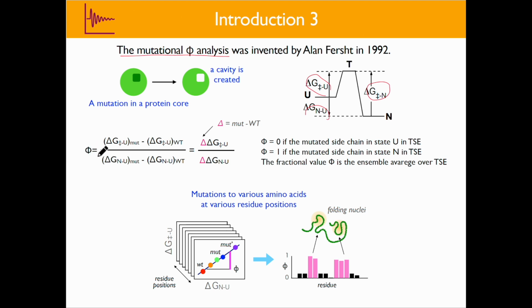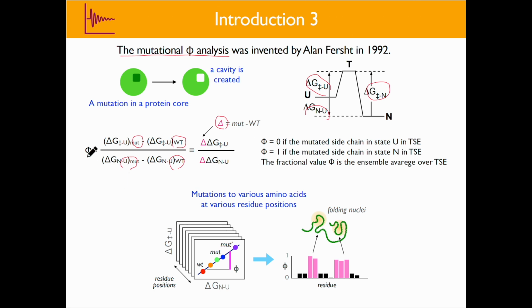Phi is defined by this equation. The numerator is the difference of activation energies from mutation to wild type, and the denominator is the stability difference. Delta means mutant minus wild type.